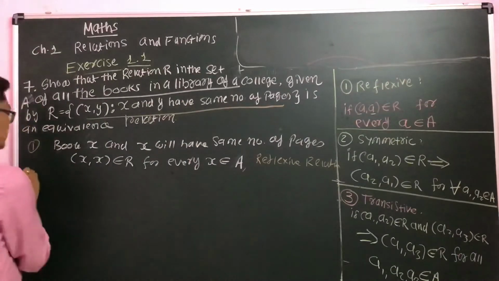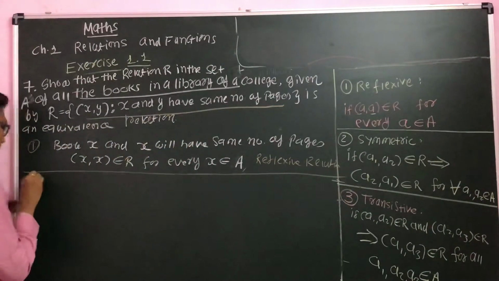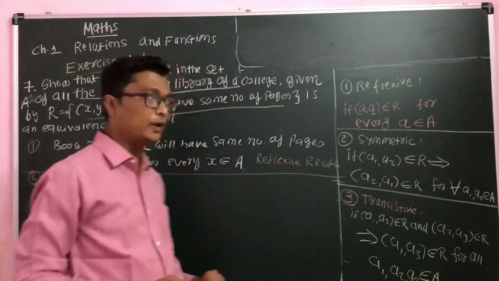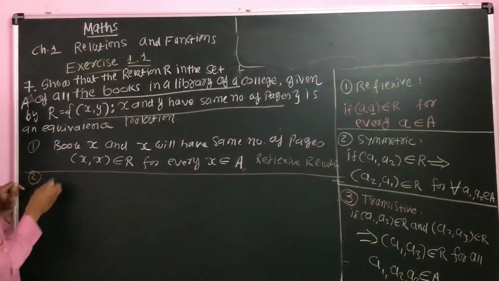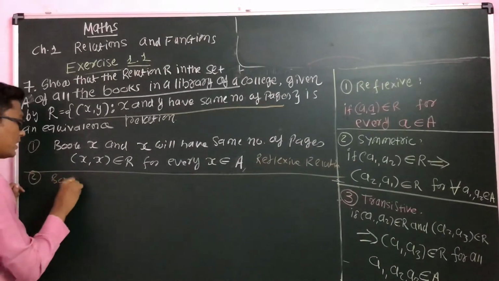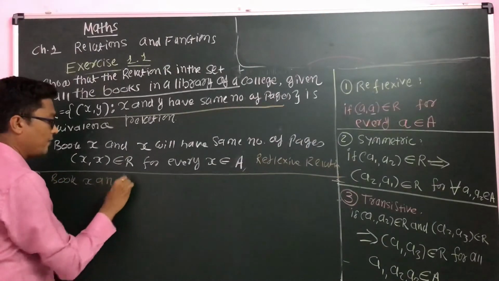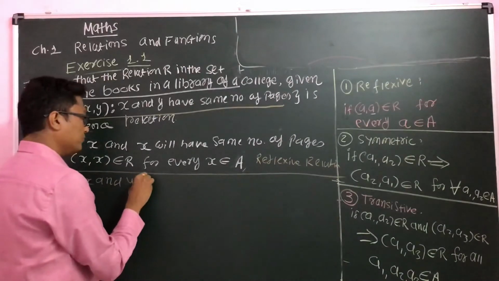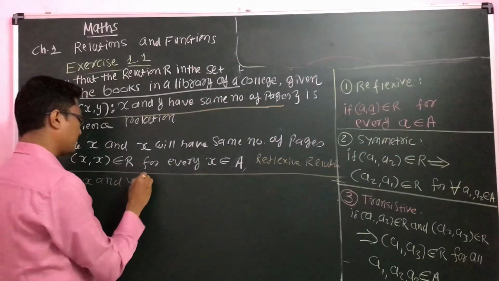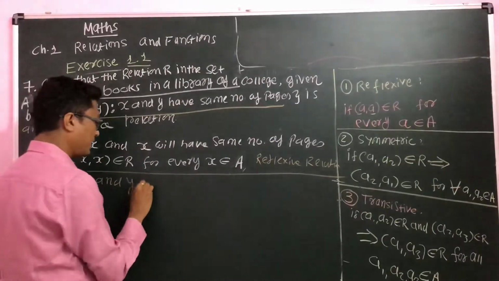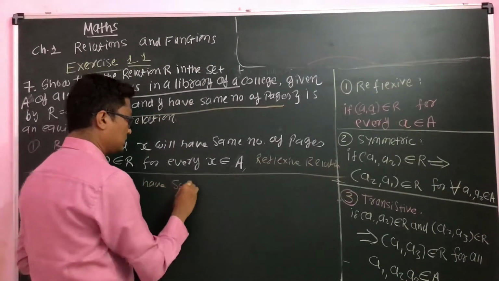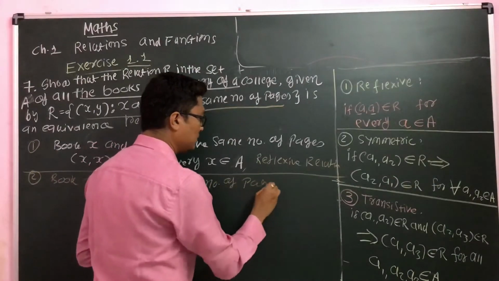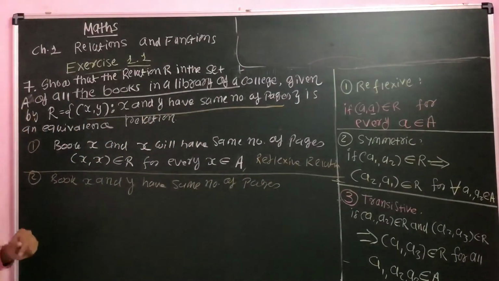Now second part हम देख रहे हैं. So in the second part we have to prove that it is symmetric. Okay. So let us consider that there are books X and Y which have the same number of pages. इसका मतलब क्या हुआ?